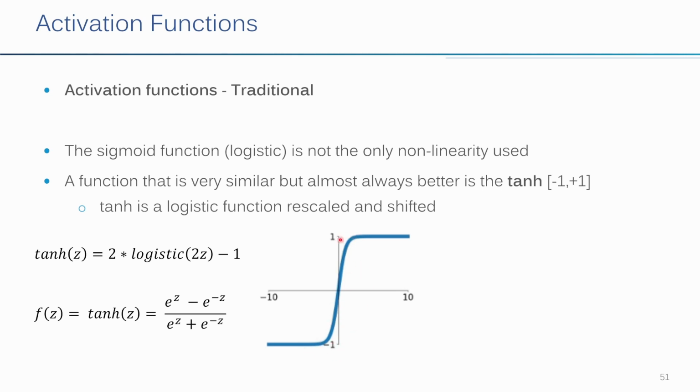And if x is greater than 1, it will have a flat line for y at 1 as well. Another way of thinking about the tanh is that this is a logistic function rescaled and shifted. We can actually transform this here into this right here, but we won't go over that.